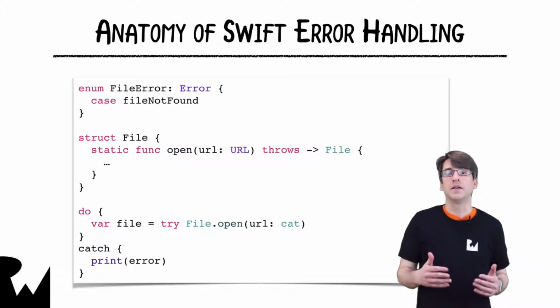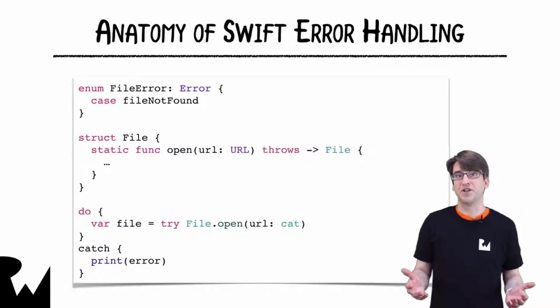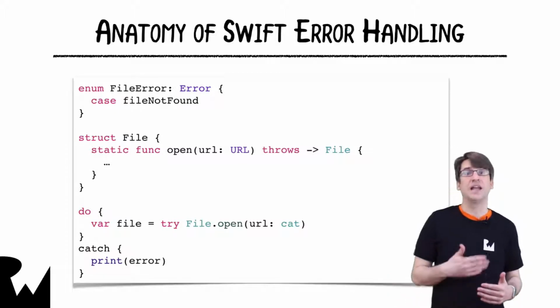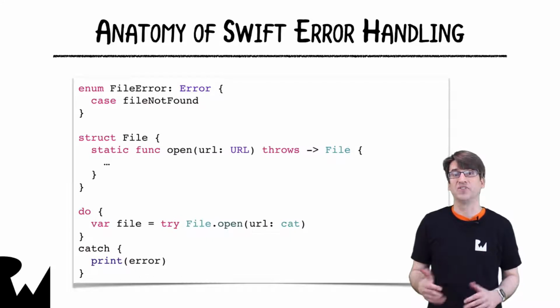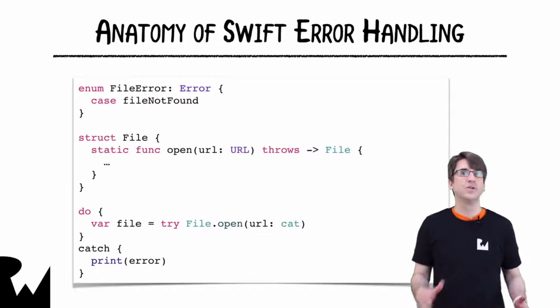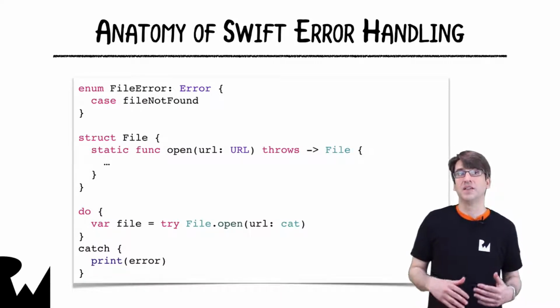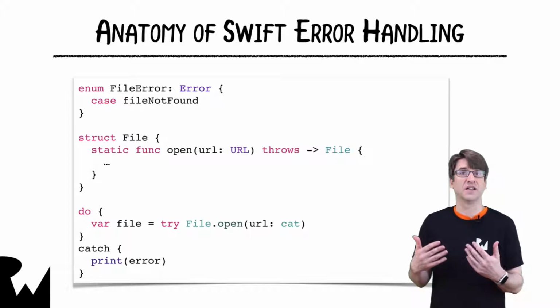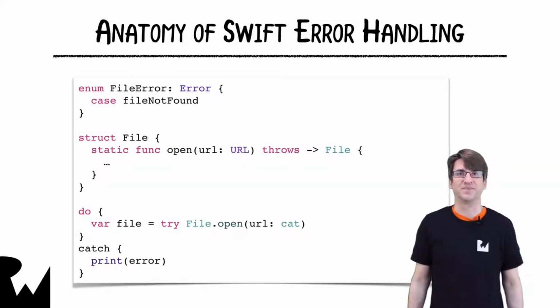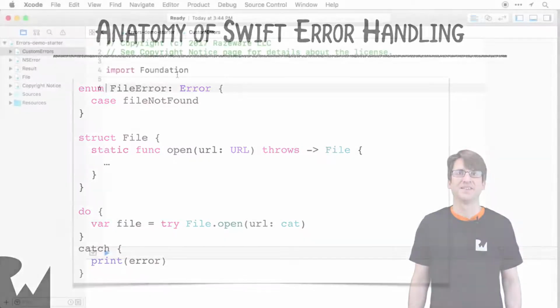Now, unlike many exception throwing mechanisms in other languages, Swift has you manually propagate the error. So it's a little bit different. You don't get automatic stack unwinding. And that can be quite useful in the sense that it's a very deterministic system. Let's look at errors more in the demo.